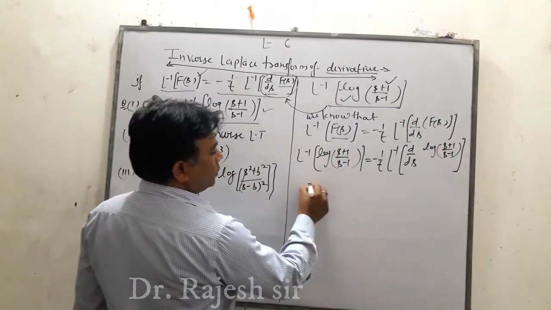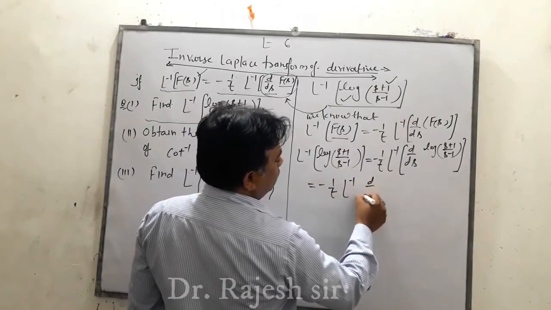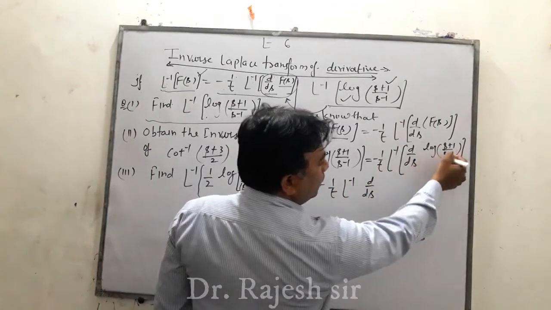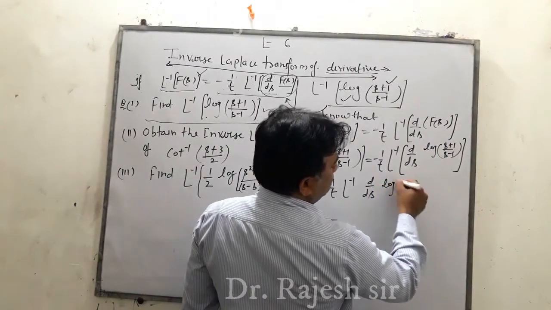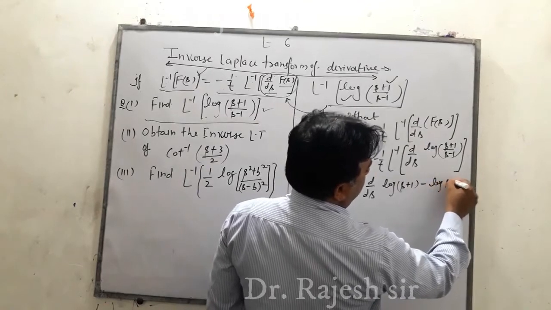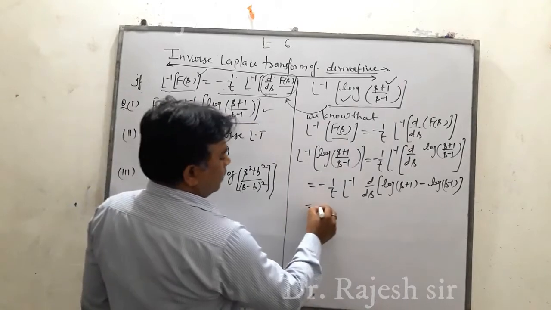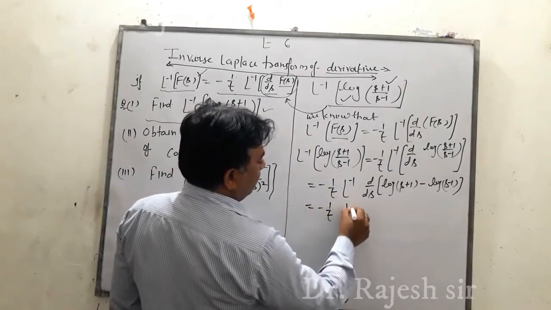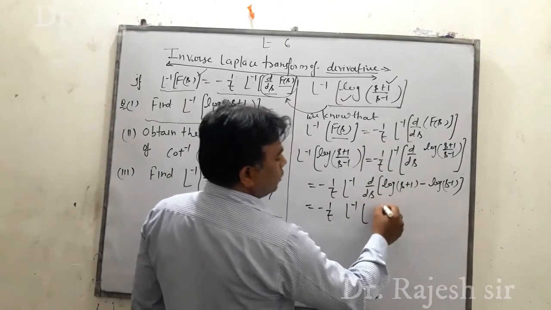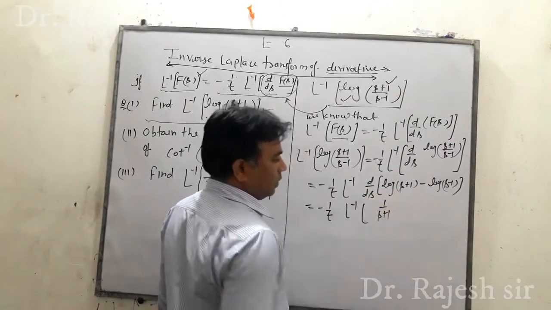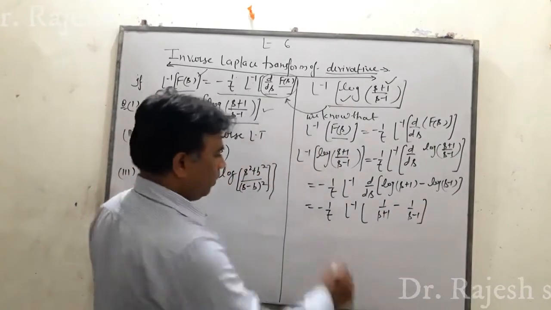We can write this by the property of log: log of m upon n equals log m minus log n, so it is log(s plus 1) minus log(s minus 1). Then it is minus 1 upon t times the Laplace inverse of the derivative of this function with respect to s: 1 upon (s plus 1) minus 1 upon (s minus 1).